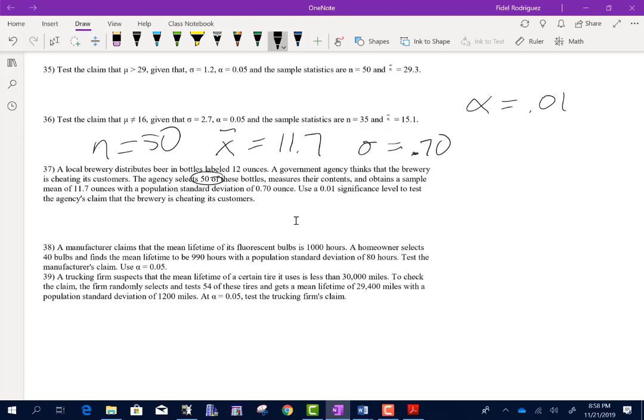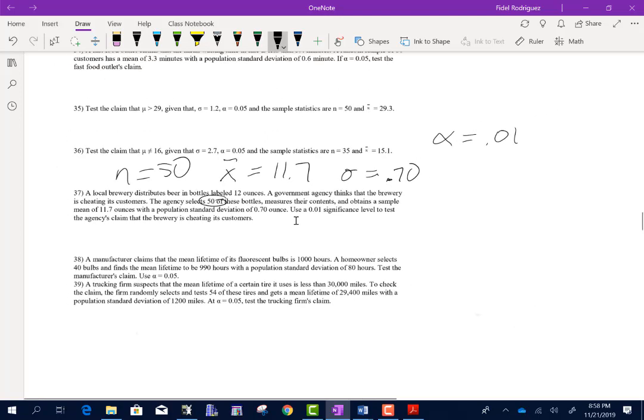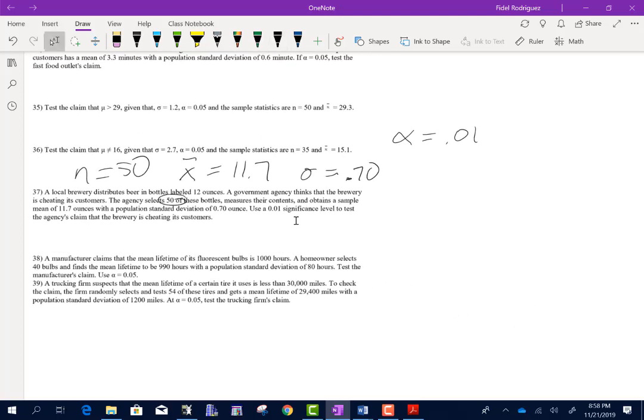All right. So guys, let's figure out what they're saying. What's the claim? A government agency thinks, oh, right here. A local brewery distributes bottles that are labeled what? So isn't their mu supposed to be equal to 12? So wouldn't this be my H0?